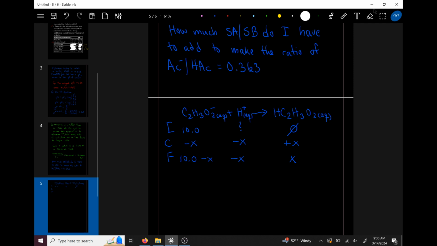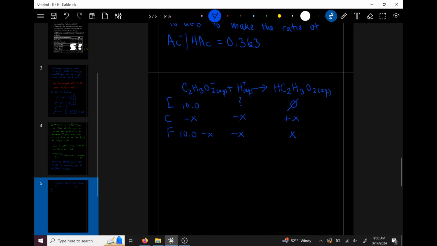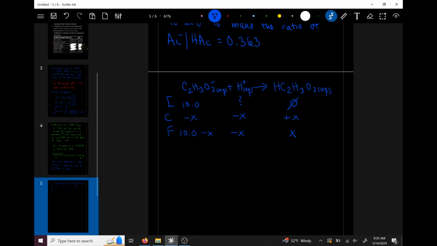So what I'm going to do is use the ratio of B over A, which happens to be equal to the ratio of acetate ion over acetic acid, is equal to 0.363.